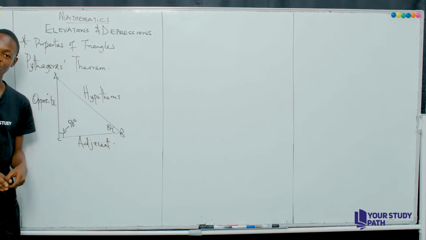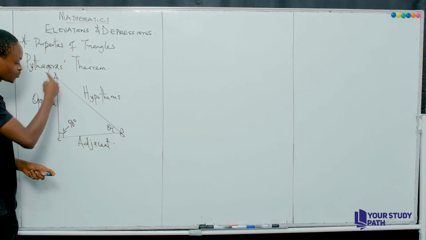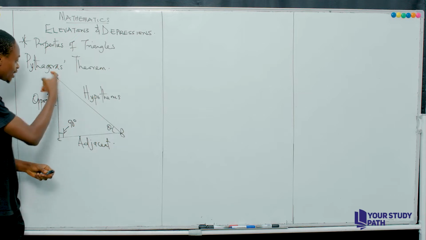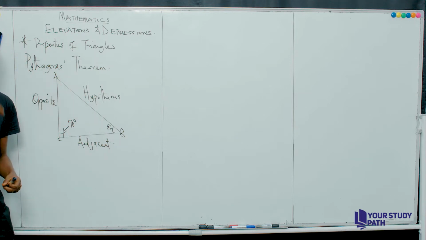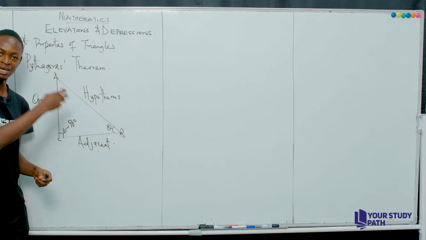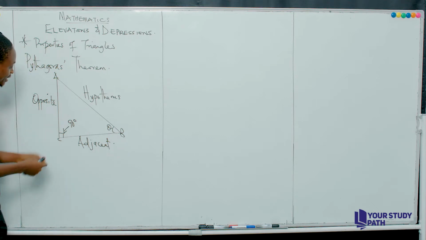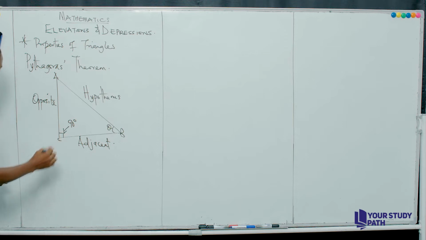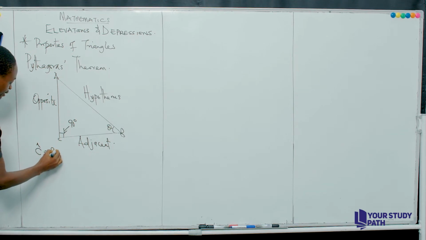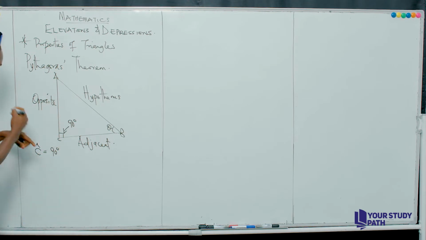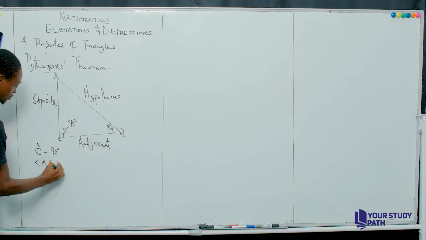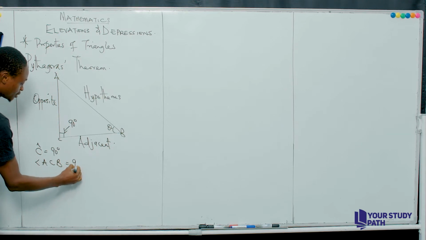In standard notations, we refer to the points or edges of the triangle in capital letters because those edges translate to the angular values within that triangle. So, we can say that the angle at C is 90 degrees. Sometimes you can have it written as C with a caret on top equals 90 degrees. Sometimes you can write it in full form as angle ACB is equal to 90 degrees.